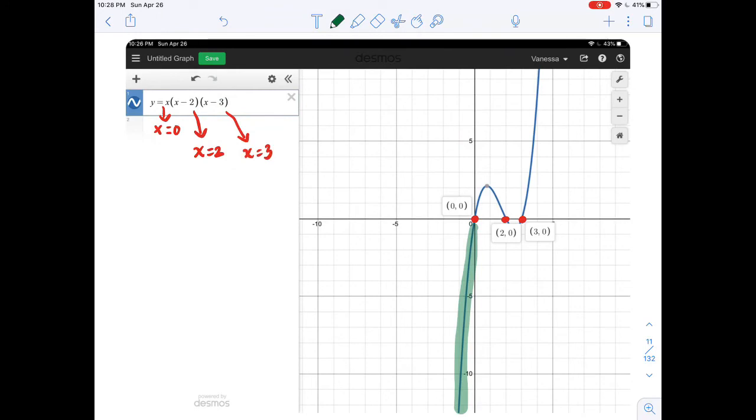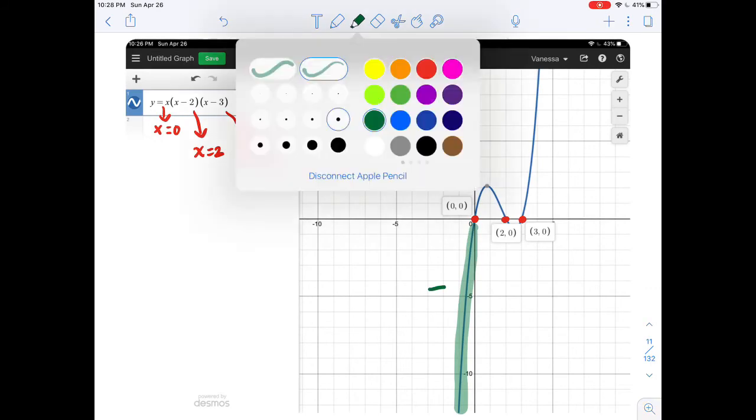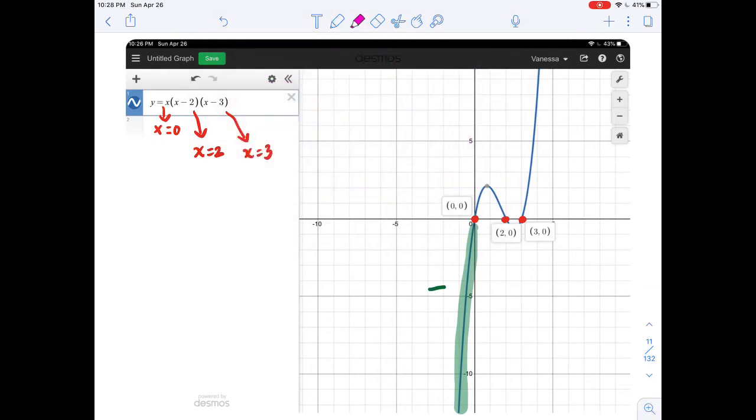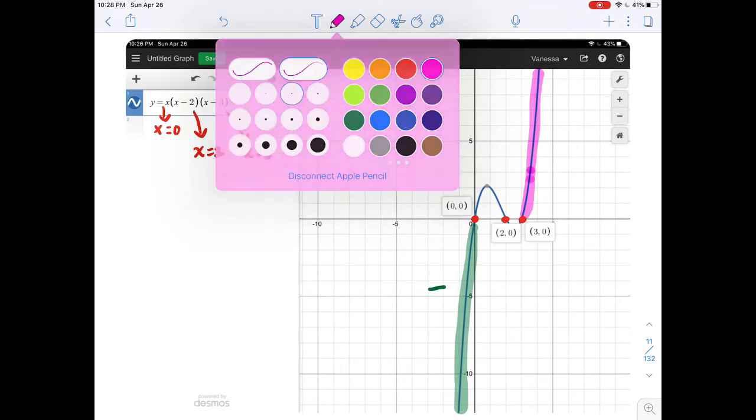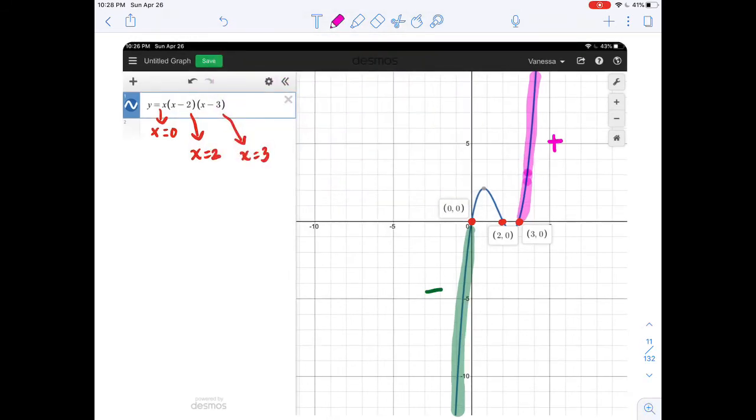So on this side we have negative, but after the last x-intercept we notice that our y values are going to be positive. Now, if this has 3 x-intercepts, what family do you think it belongs to? So please pause the video to take time to think about what family it corresponds to.